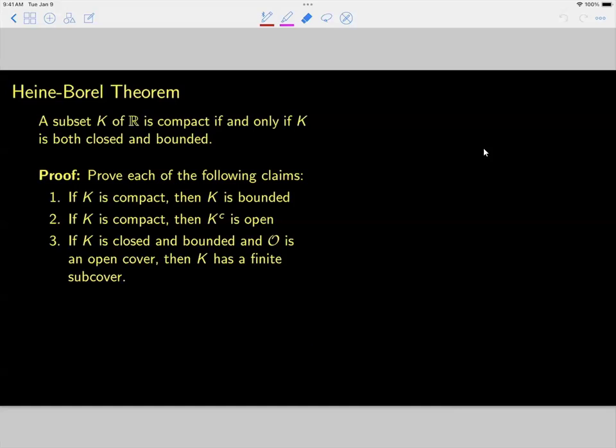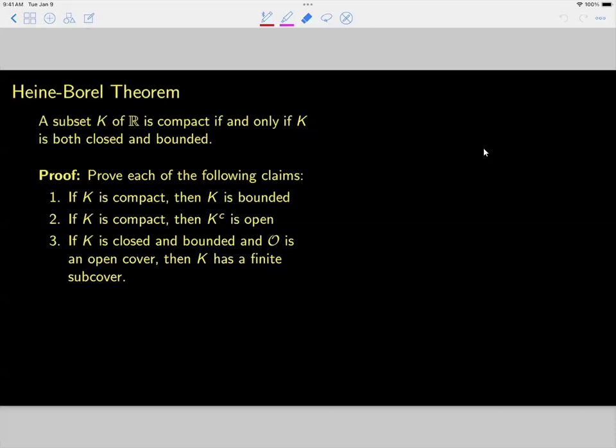So the theorem I want to talk about is something called the Heine-Borel theorem. The Heine-Borel theorem tells us specifically for the real numbers, and it actually can be generalized to Euclidean space in n dimensions. So this is true in R^n as well. But a subset K of R is compact if and only if K is both closed and bounded.